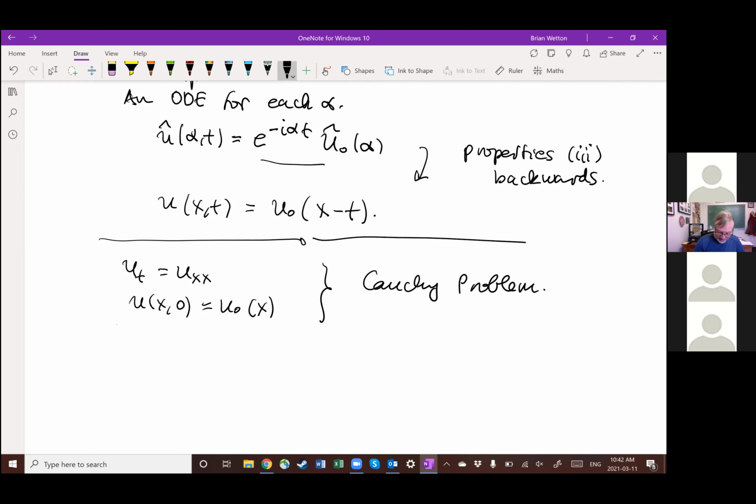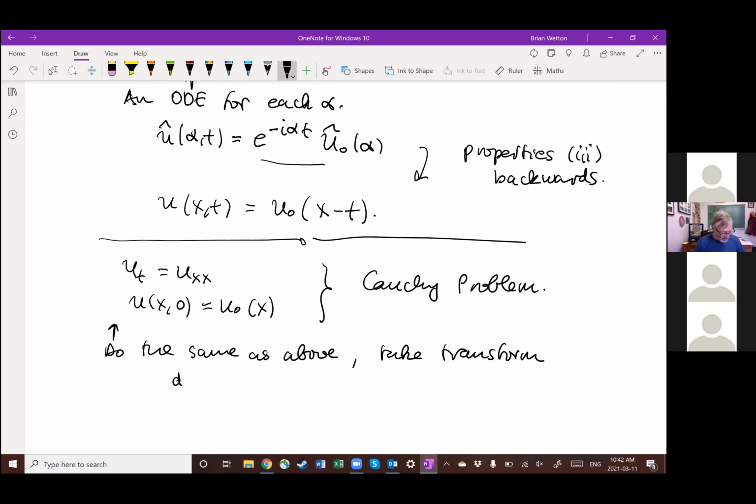Okay, I'm going to do the same thing as above. I'm going to take the transform. When I take the transform of the second derivative, I take one derivative, I get a factor of i alpha. If I take another derivative, I get a factor of i squared times alpha squared. i squared is minus 1.